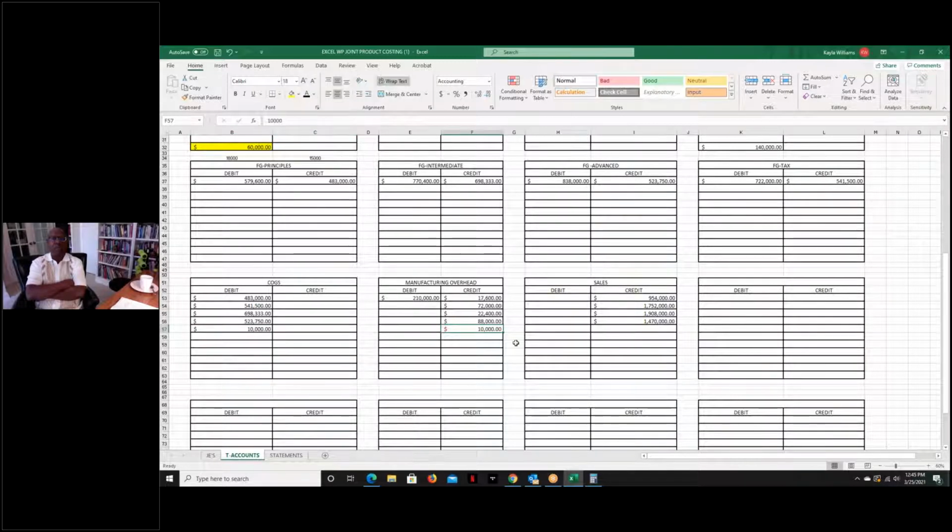Taylor, on the cost of goods sold T account, move the 10,000 down the line. I move it all the way down here just for you. And do me an auto sum on those first four. There you go.